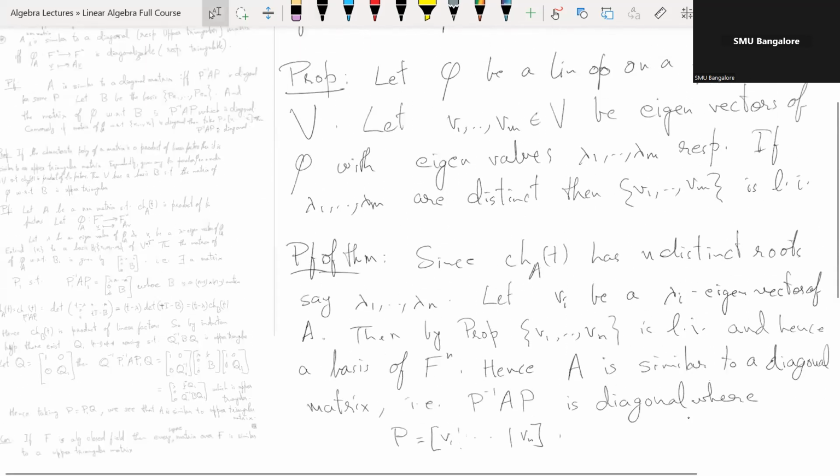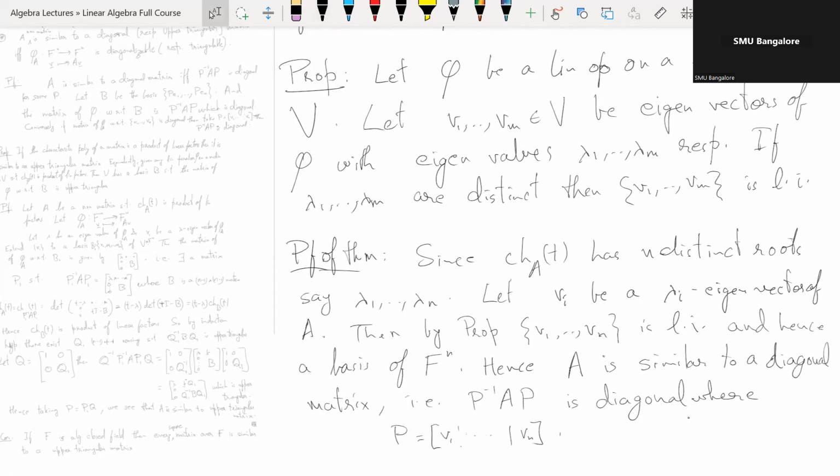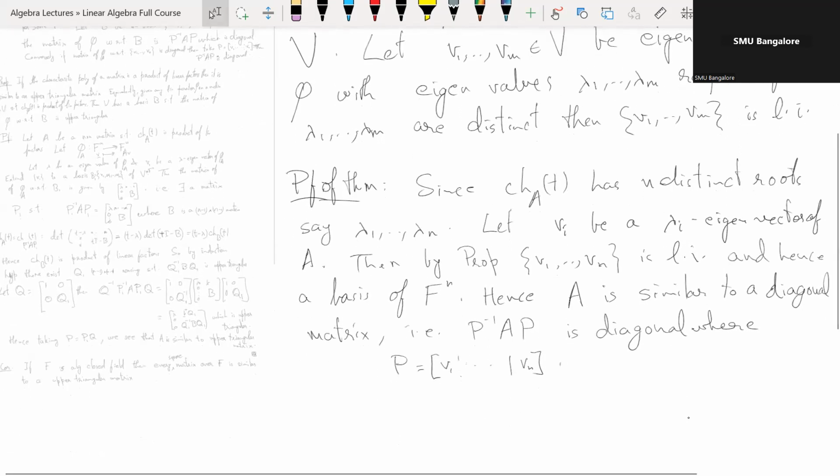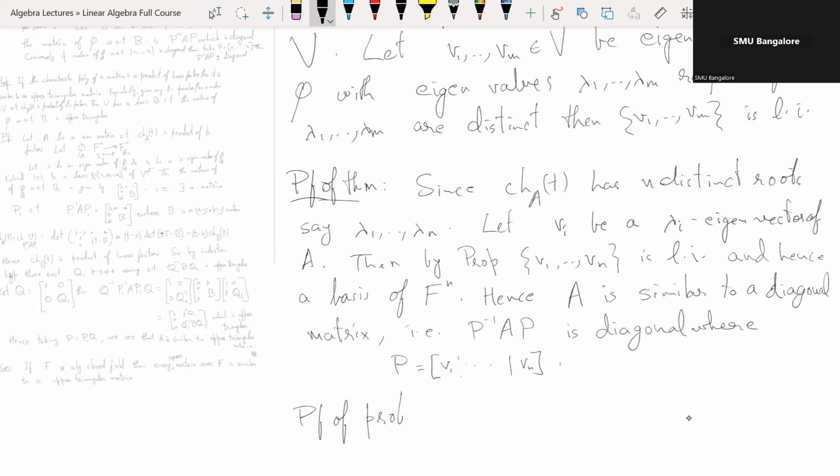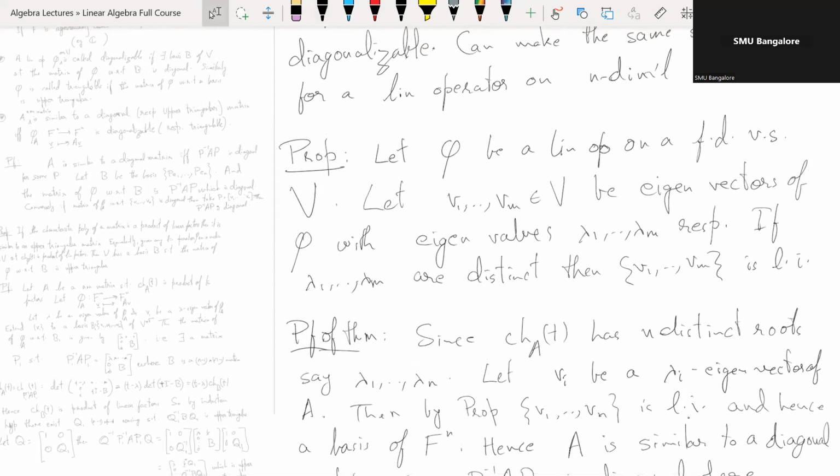Now let's prove the proposition. This is also not too difficult, it's just some observation. One can think of it one by one.